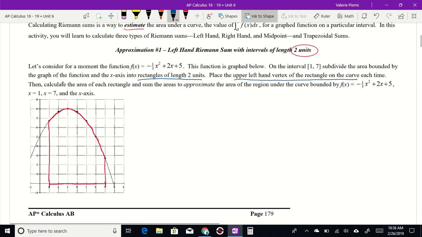So every 2 units, from 1 to 3, I'm going to have this rectangle where my vertex is going to be on the curve, and I'm going to create a rectangle. Okay, so this is going to happen every 2 units. So now from 3 to 5, I'm going to create a rectangle where the left hand of my vertex is on the curve.